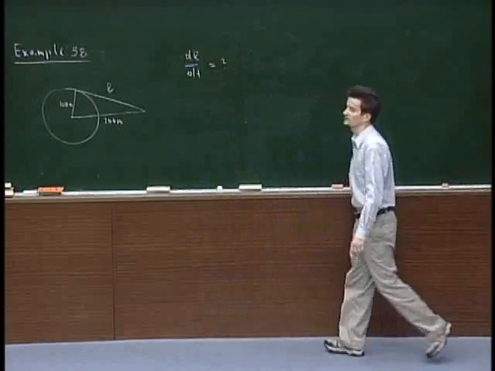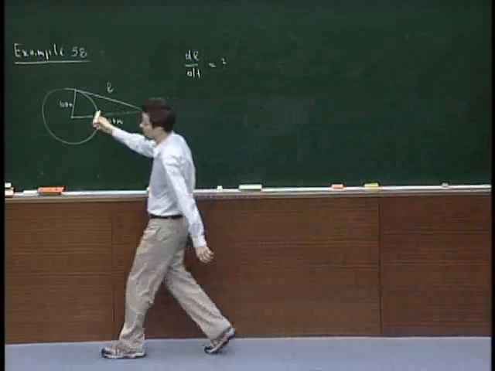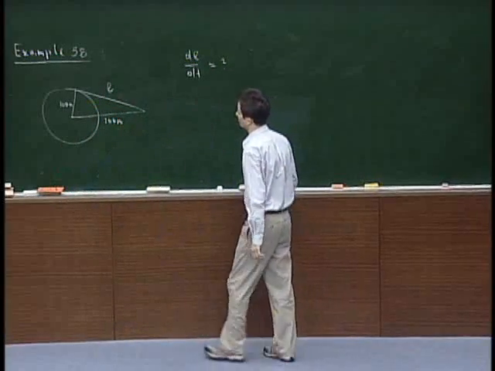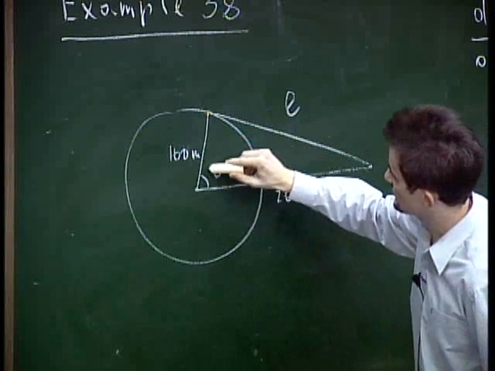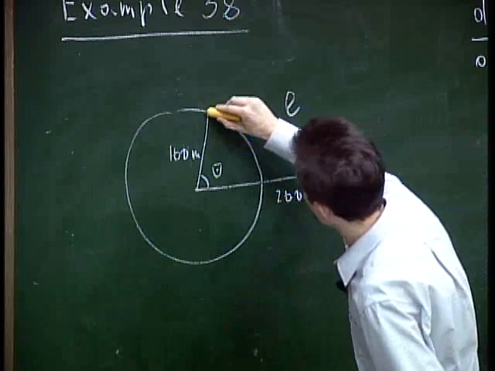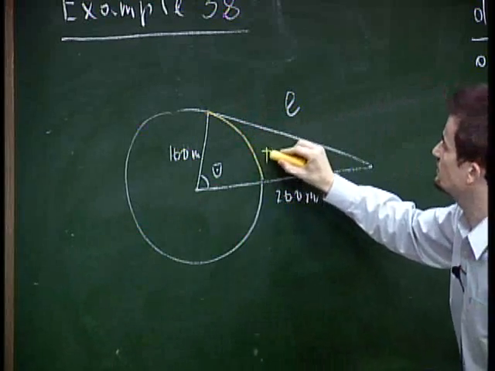So this is what we have to find. Now, you see, if you do such an example, first draw a picture, then introduce names for the quantities in question. So here we have an L. Another quantity which is seemingly important is this angle theta here. Also, what will become important is the length of this arc, okay, which we call d.